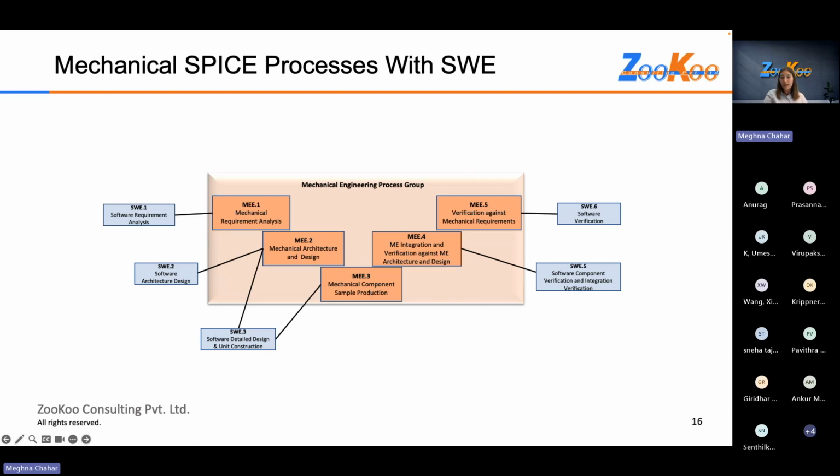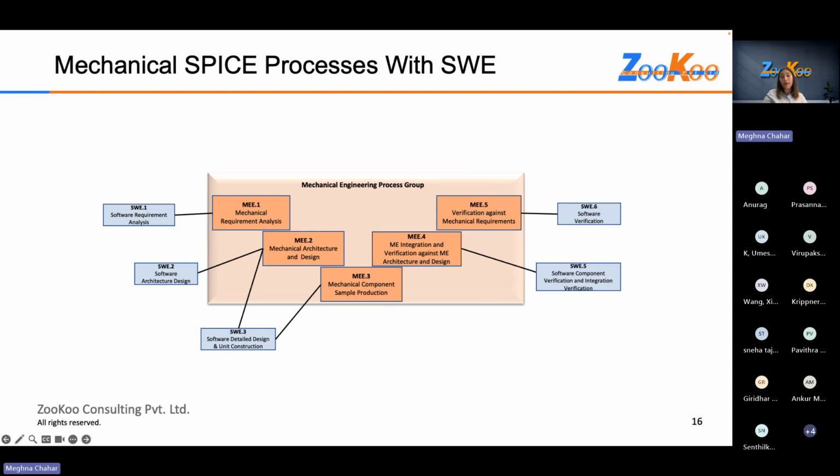The idea of detailed design that I was stating at the architecture level was that the component, down to the smallest level, we try to refine or describe with a detailed design, and that is a part of our MEE2. That means your actual design process, and separate from that is the physical production. So this is a separation. One process dedicated to the design, another process dedicated to your physical production.